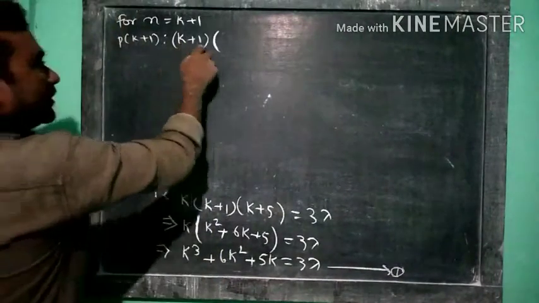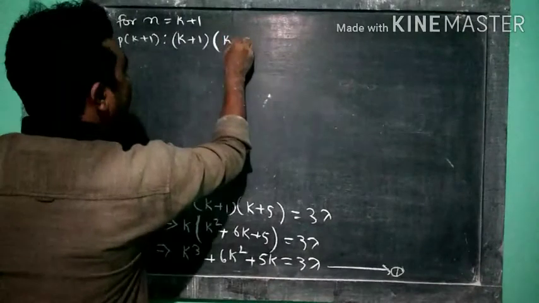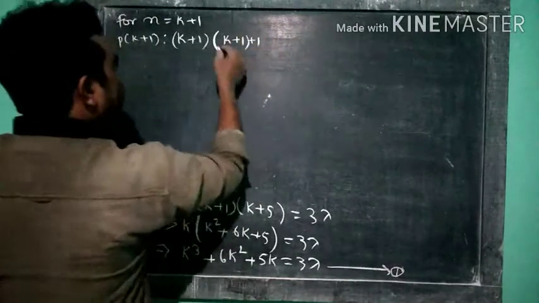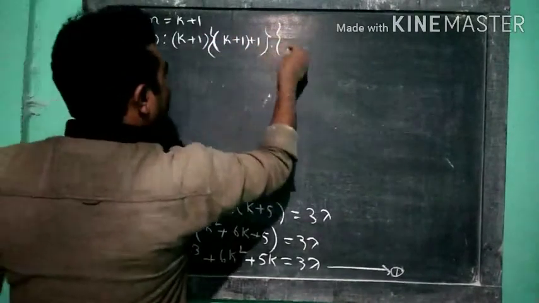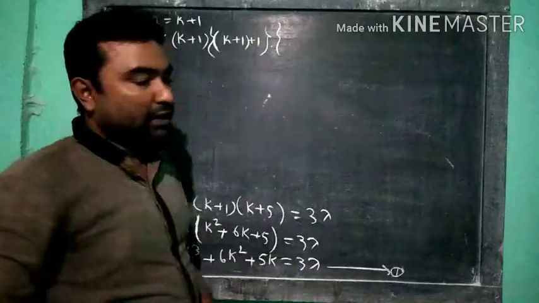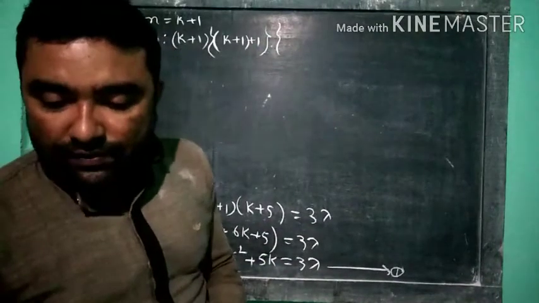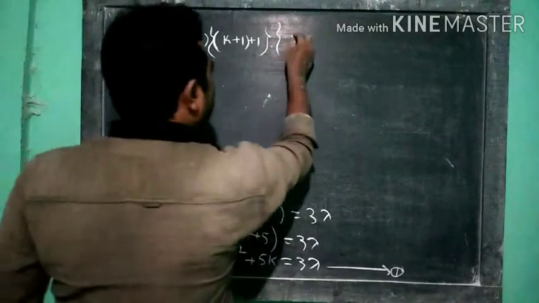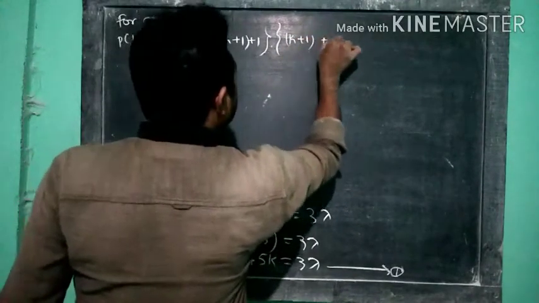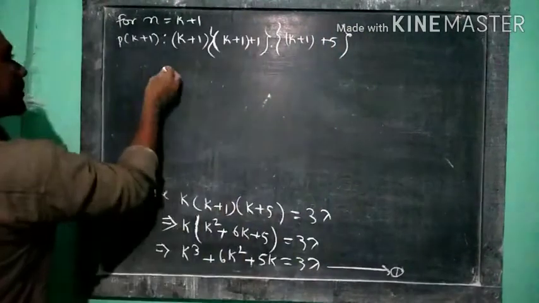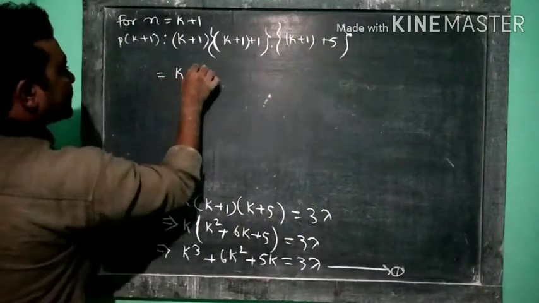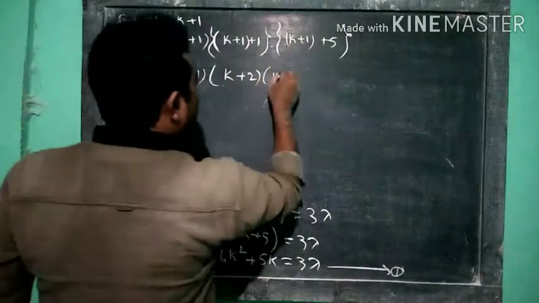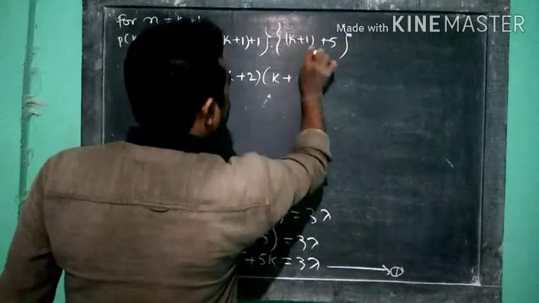So n is k plus 1, so n plus 1 is k plus 1 plus 1, and n plus 5 is k plus 1 plus 5. So this is equal to k plus 1 into k plus 2 and k plus 6. 5 plus 1 is 6.